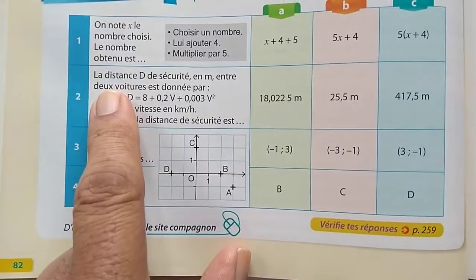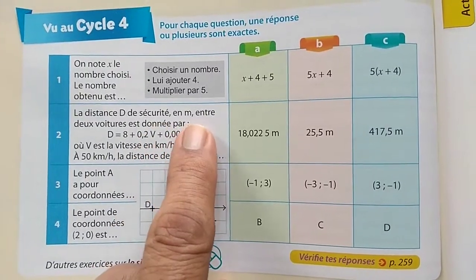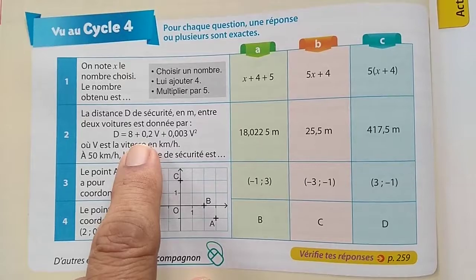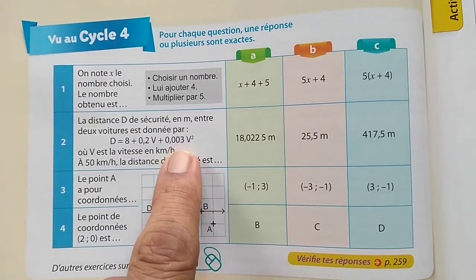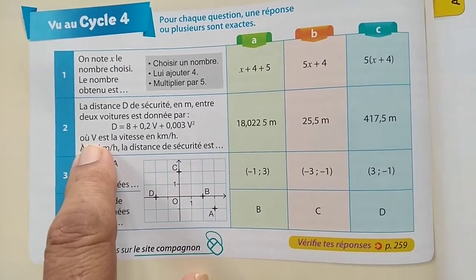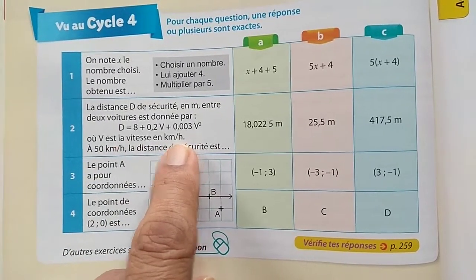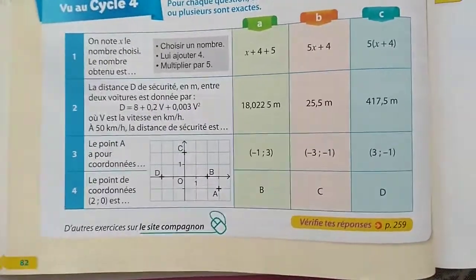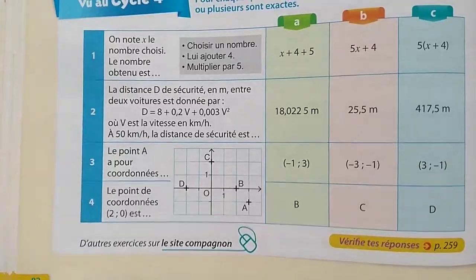Now we come to number 2, la distance de sécurité, en mètres entre deux voitures est donnée par d est égal à 8 plus 0,2 v plus 0,003 v carré. What does this mean? This is a formula where v est la vitesse in km par heure. So this is a formula for calculating the safe distance between two cars traveling at a certain speed.